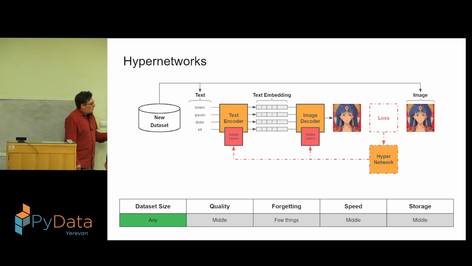This method is much more flexible than LoRA, but it is also much more complicated in terms of maintenance and in terms of finding the optimal parameters, because you typically need to design this Hypernetwork, and sometimes it's not easy.